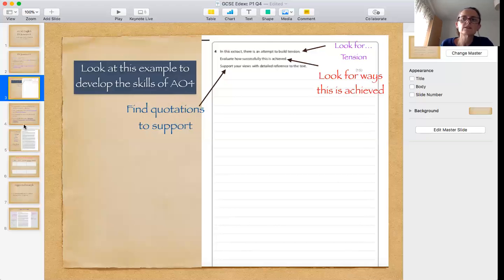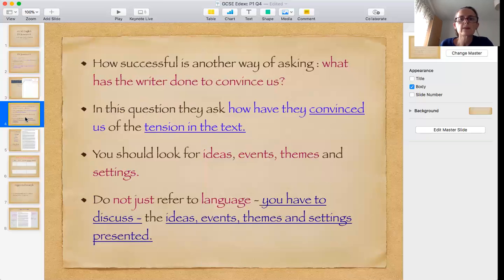Right, let's look at it a little bit more deeply. So what does successful mean? Well, students get a little bit worried about successful because they think, well, how can a writer be successful at something? Well, another way of asking how successful a writer is at doing something is saying, what has the writer done to convince us?